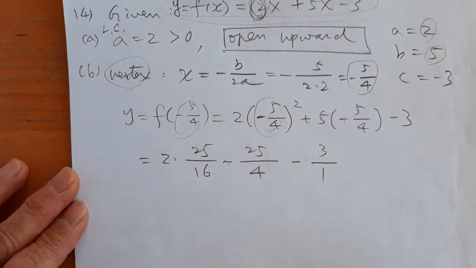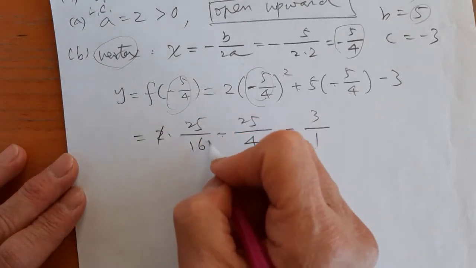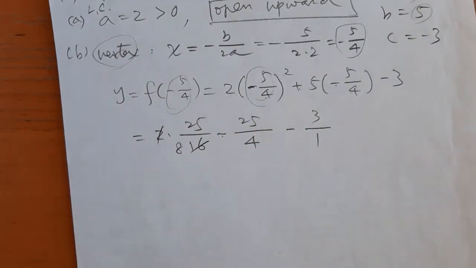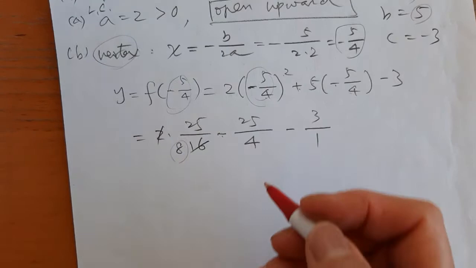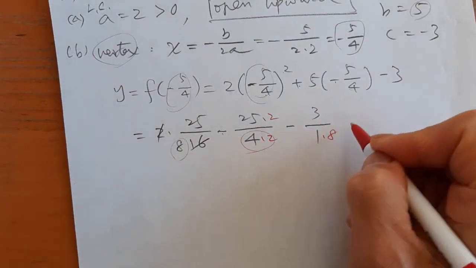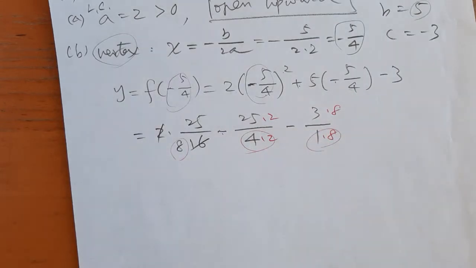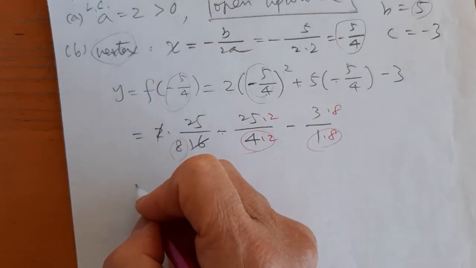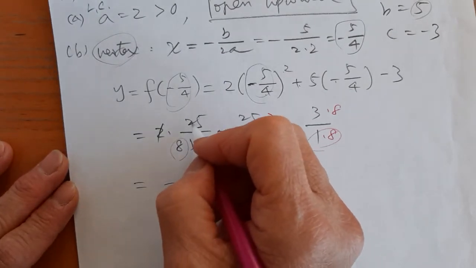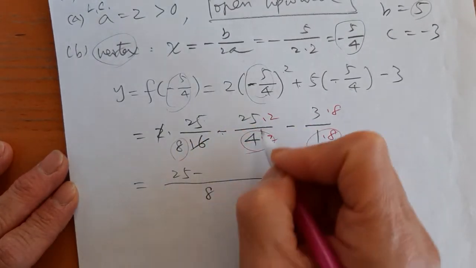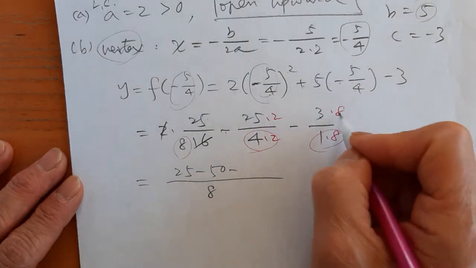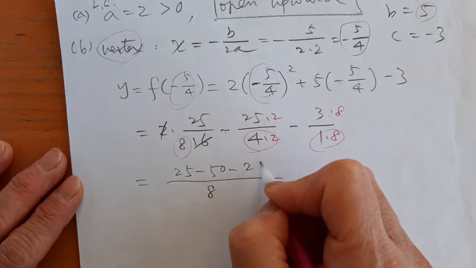3 is 3 over 1. Then cancel the 2 and we get 8. So the LCD should be 8. Multiply this by 2 on both top and bottom to get denominator 8, and this by 8 to get denominator 8. The numerator is 25 minus 25 times 2, which is 50, minus 3 times 8, which is 24.